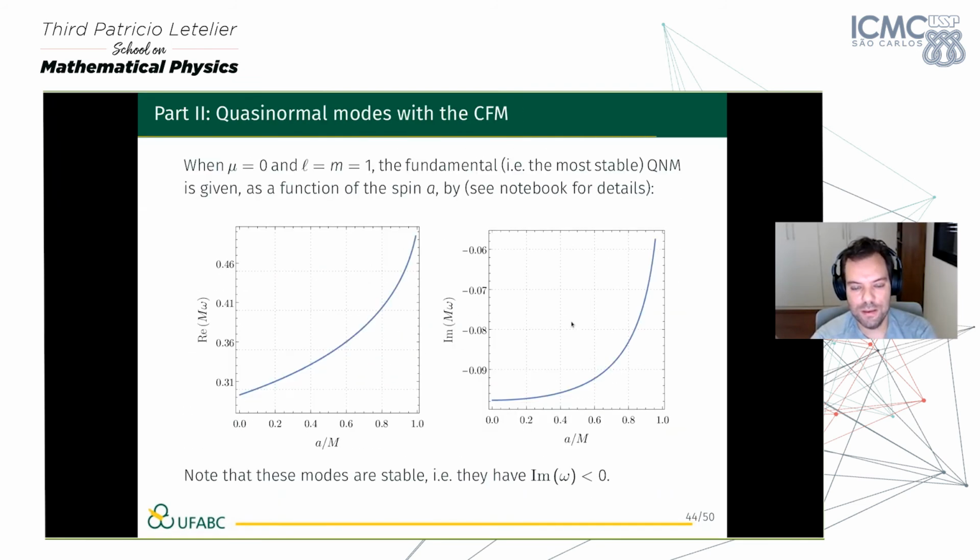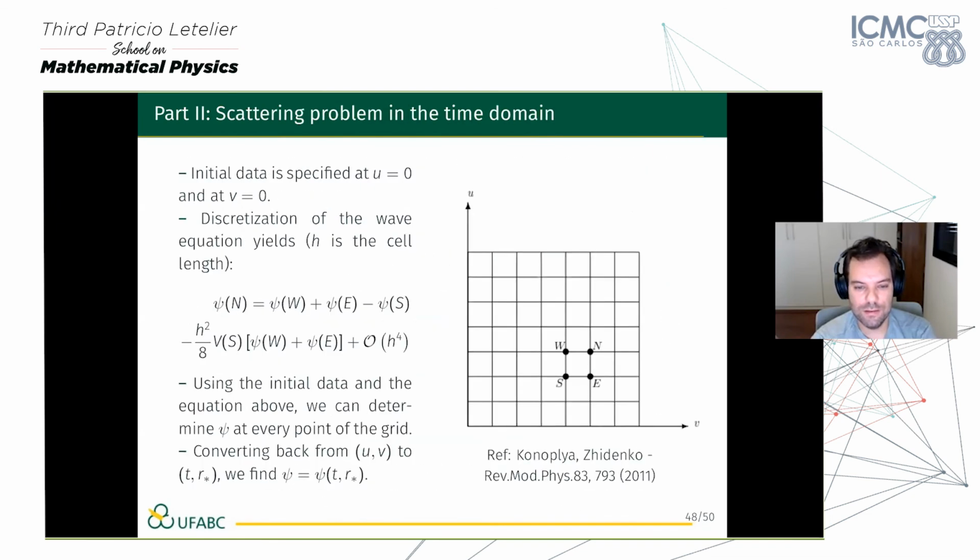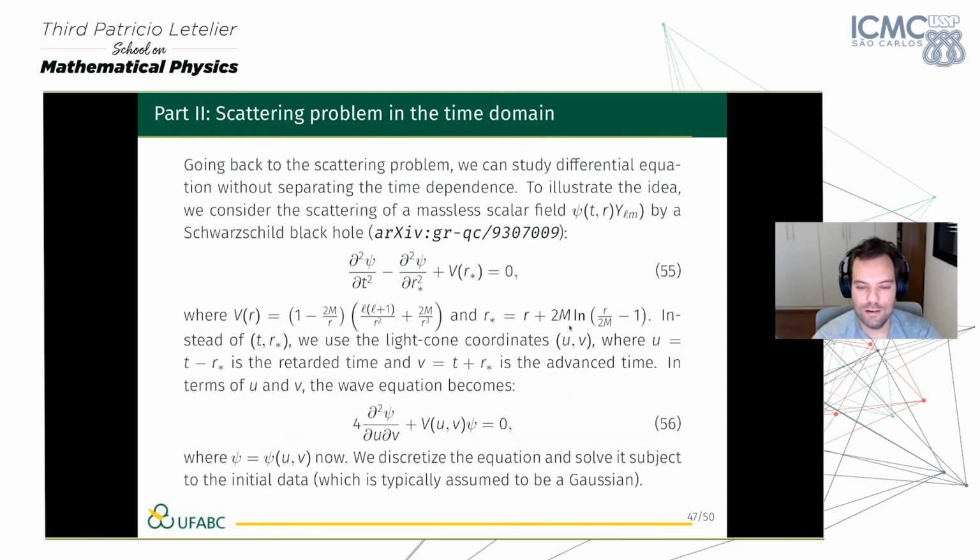In the time domain, the idea is to write an initial wave like a pulse and send the pulse towards the black hole. It scatters off, and after time goes by there's no wave anymore, everything has passed. So it's in some sense more dynamical, I would say.